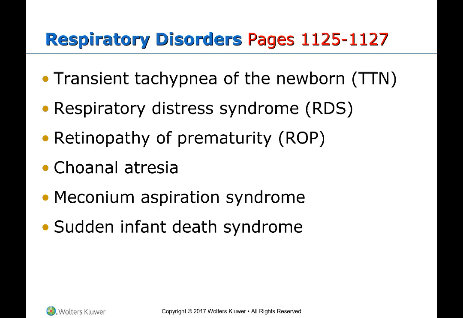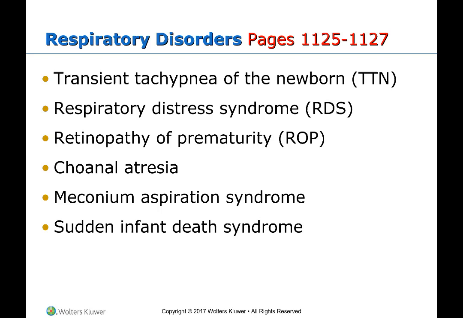Your book says that more serious disorders such as respiratory distress syndrome and group B streptococcal pneumonia, they have similar initial findings. So you need to be watching, monitoring, assessing, and documenting this, bringing it to the attention of the care provider.